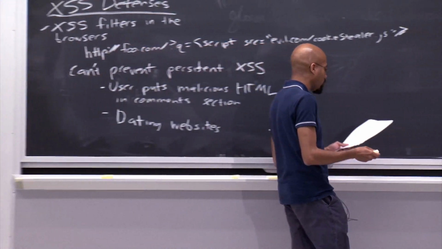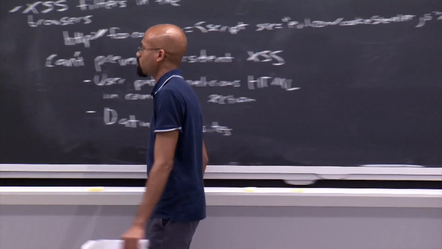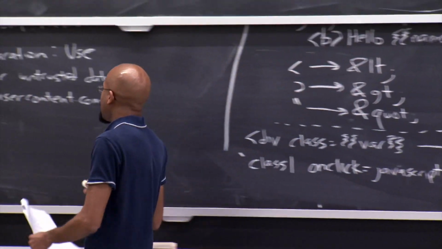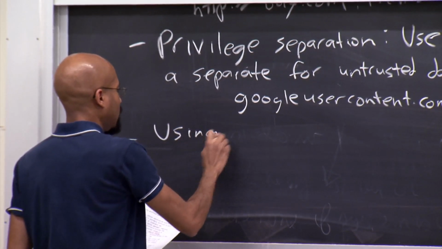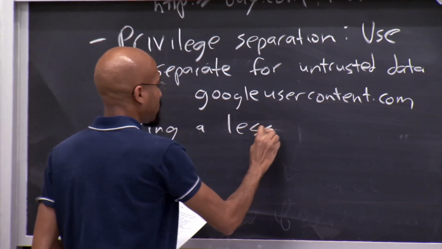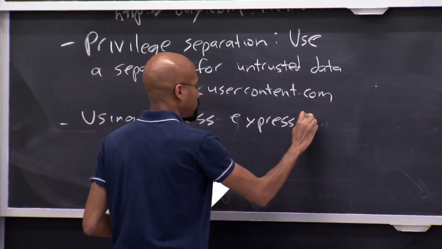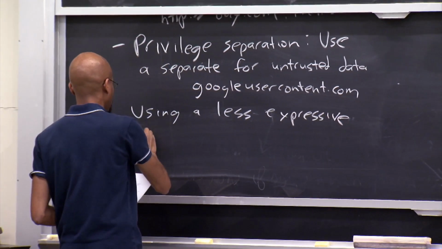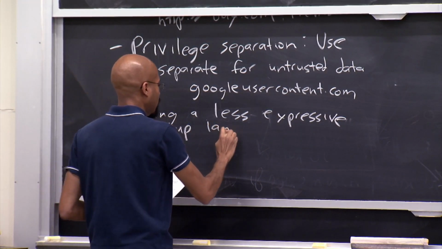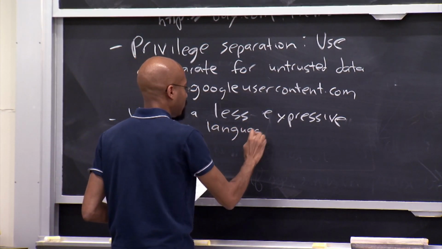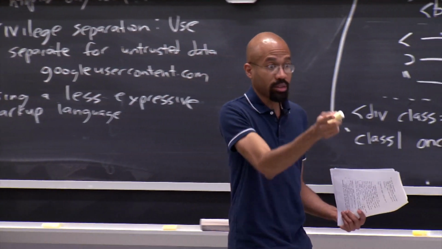One thing you might think about doing is using a less expressive markup language. What do I mean by that? HTML and CSS and JavaScript are Turing complete. They allow you to do all kinds of fun things.